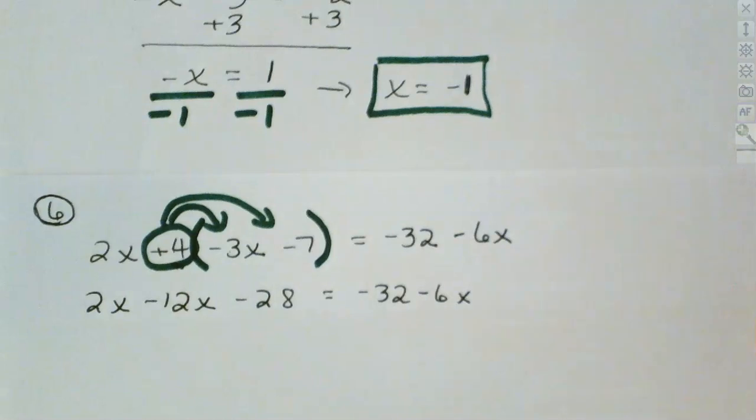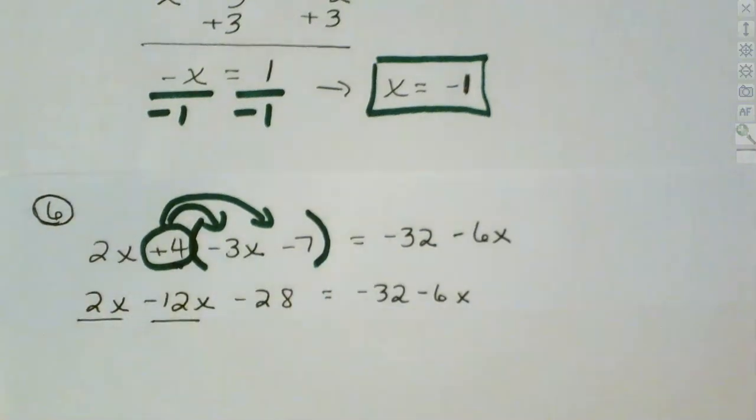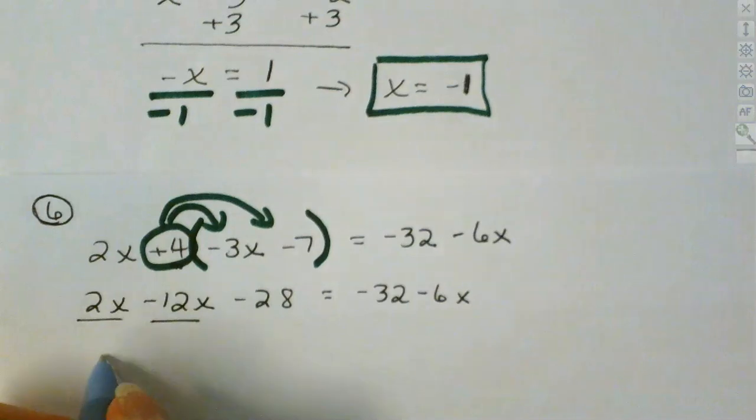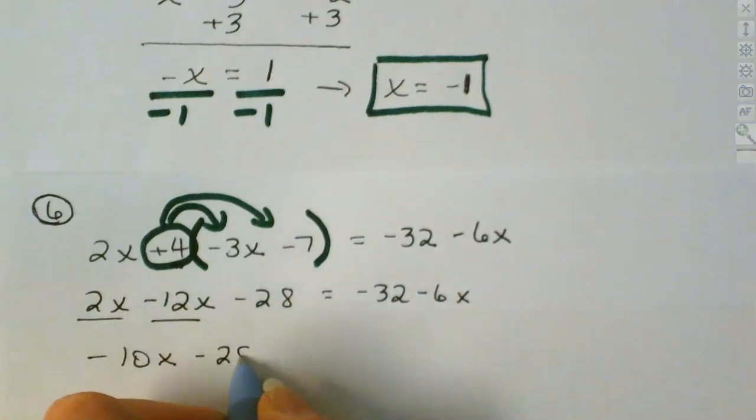Now we can combine. So what can we do on the left-hand side? Well, on the left-hand side, these can go together, can't they? Right? Because they're both x's. So 2x minus 12x, be careful with the signs. That's going to be a minus 10x.